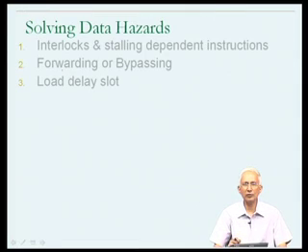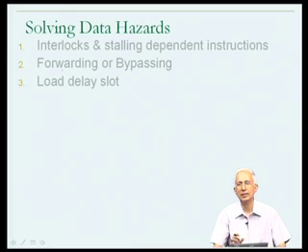Okay, so with this we've seen 3 solutions to the data hazard problem. Let me just quickly remind you, there's interlocks, where there's a special piece of hardware which compares the source and destination operand fields of instructions and determines whether dependent instructions have to be stalled, prevented from progressing in the pipeline. That would result in loss of performance. There would be some cycles in which no instruction was completing.